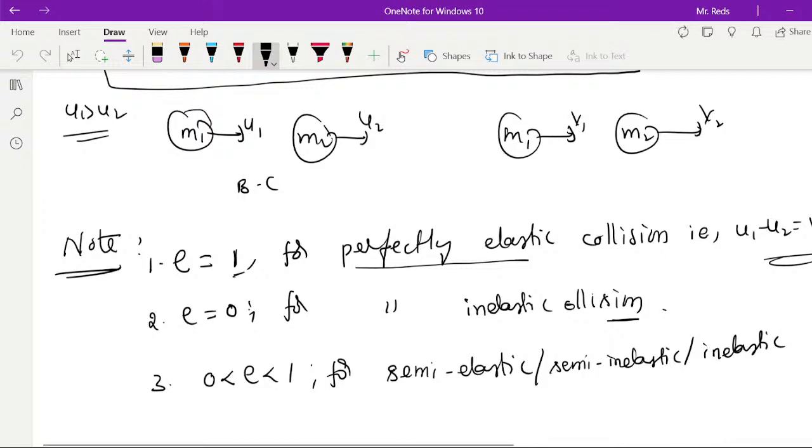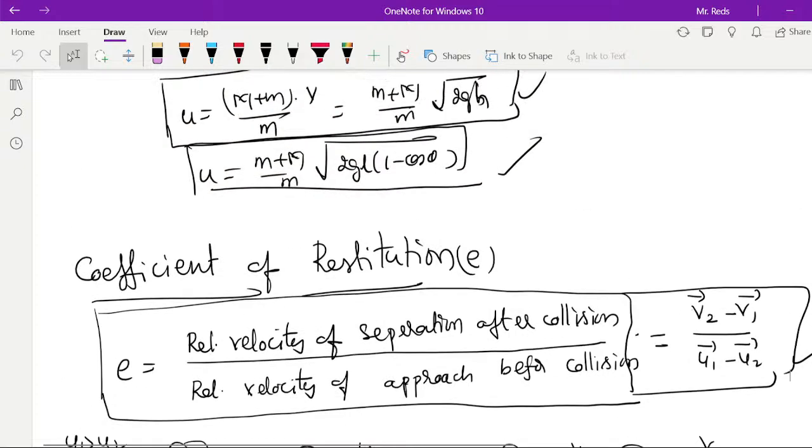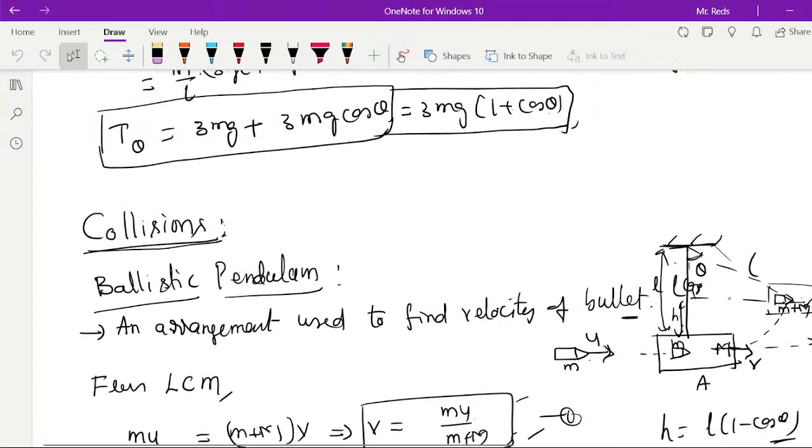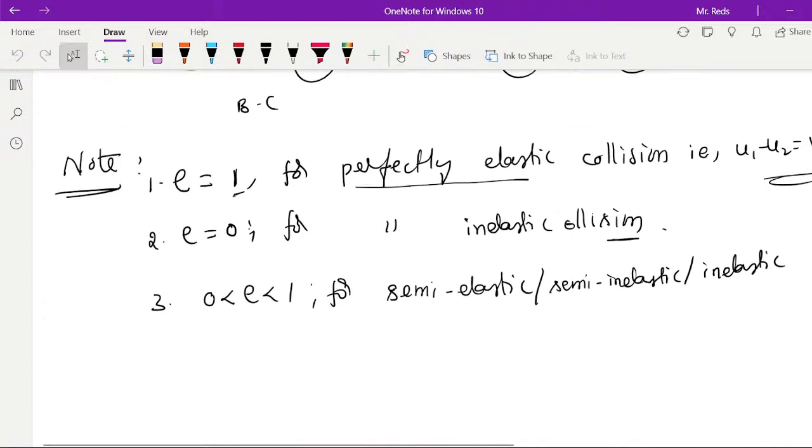These are briefly some of the points related to collisions. One-dimensional perfectly elastic collision I have already discussed in general, and the ballistic pendulum is an example of a perfectly inelastic collision. The coefficient of restitution is considered for different collisions also.